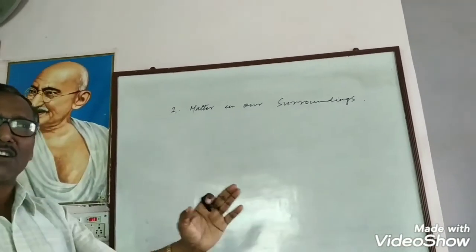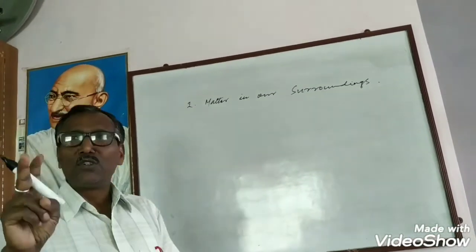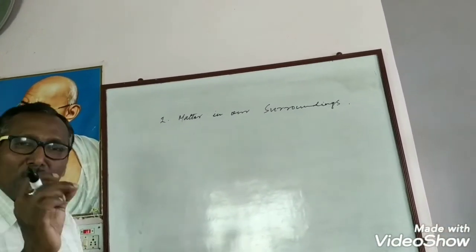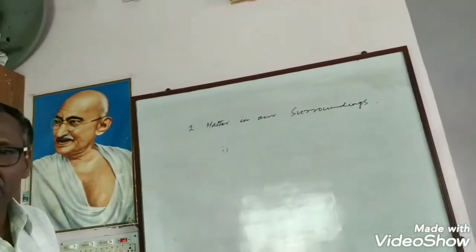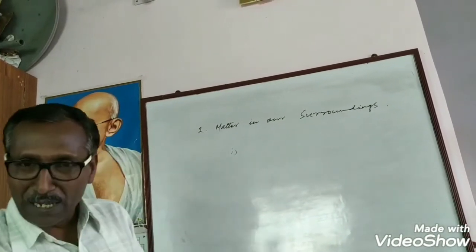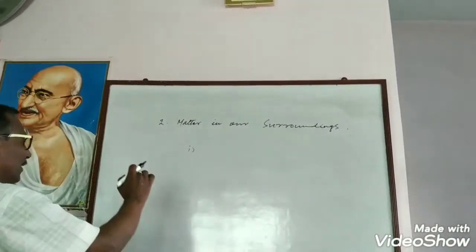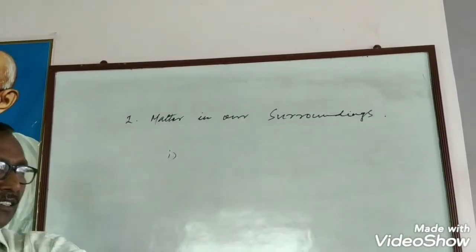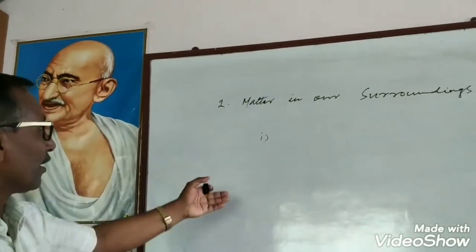Why are they called matter? Because they have 2 important things in common. One, it occupies space, and two, it has mass. That's why all the things that we are looking at around us are matter.